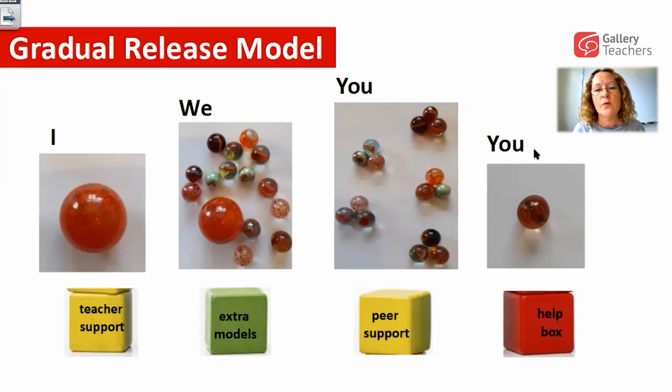Even when we're writing, we write together because one person has ideas, the other person is a secretary, writes them down. That does mean that we can't see individual progress, and we can't be sure of how that is working. So we do need a phase where students work all by themselves. And in this phase, they may need the help box, which we will see in a moment.